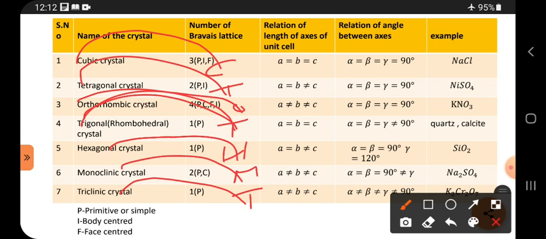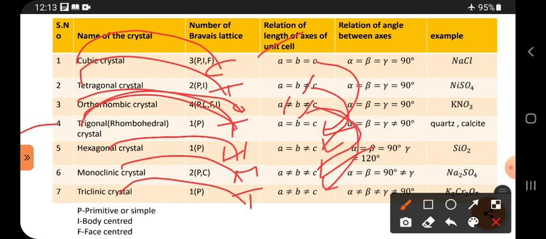Because see here, in cubic all sides are equal, and in tetragonal the cutting started, and in orthorhombic two cuttings are there. The next ones are repetitions, and this is also repeated twice. That is why I have taken this order: CTOTHMT. Keep it in mind as CTOTHMT.